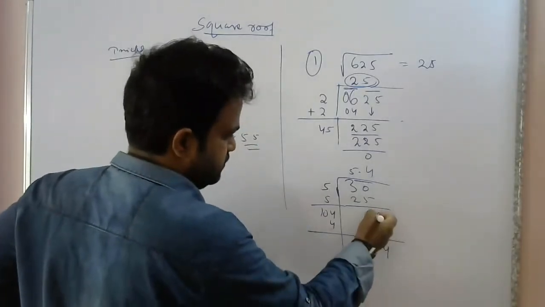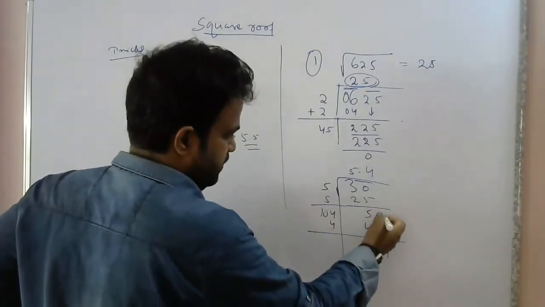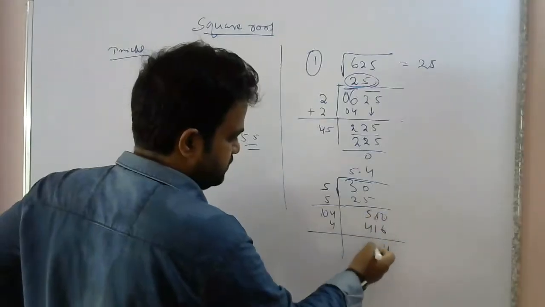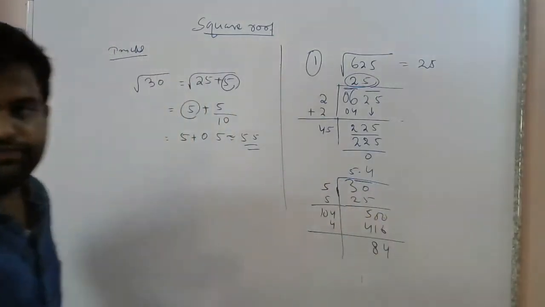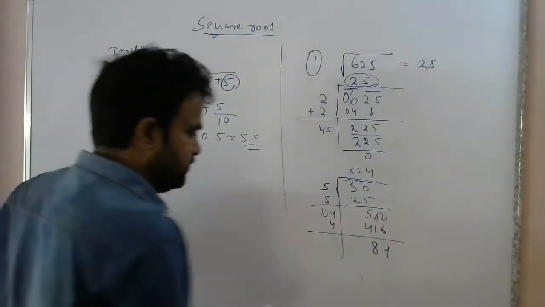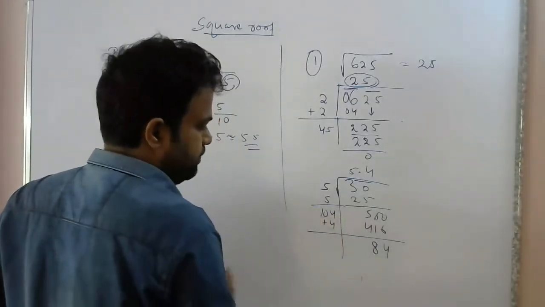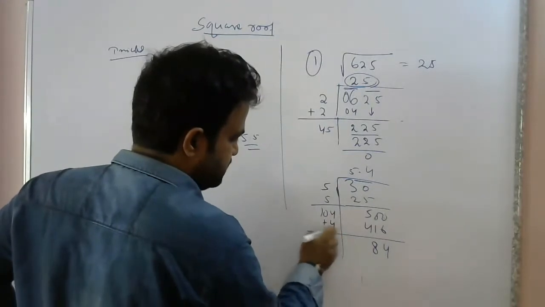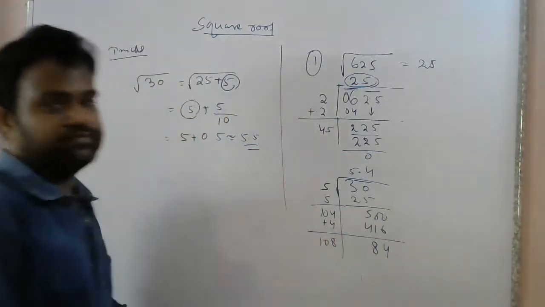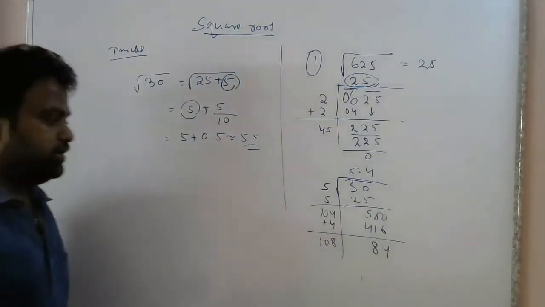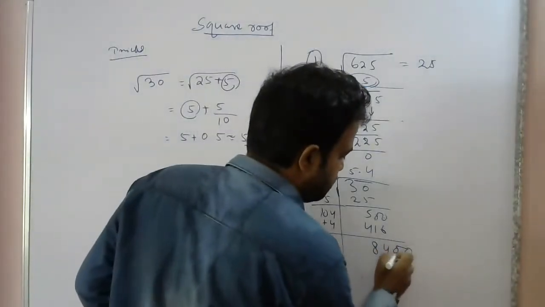Let's see, this is 10 minus 6 is 4, 9 minus 6 is 3, so 84. So this is 84, right? You will add here 4, so when you add 4, this is 108. Now again you will write 00.